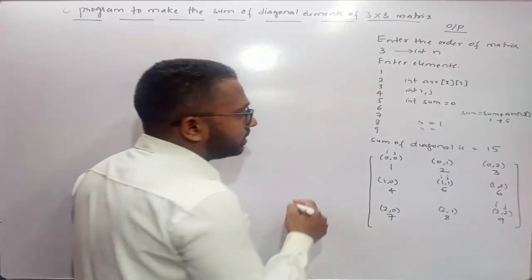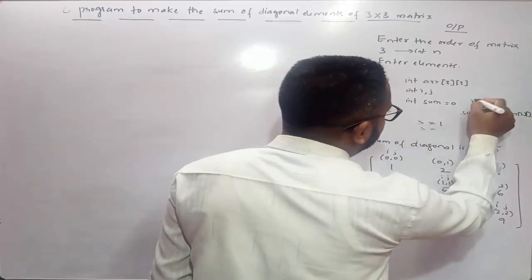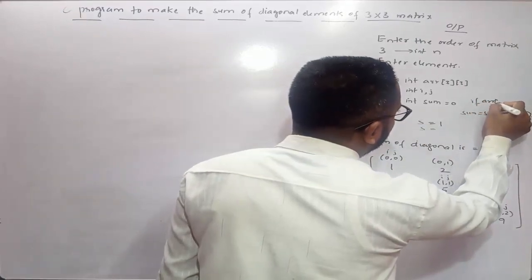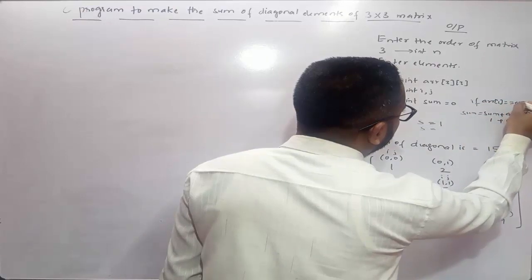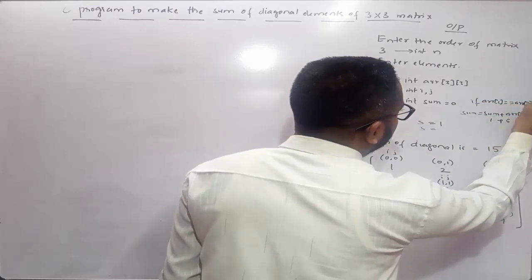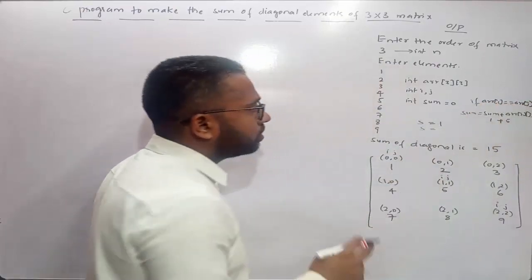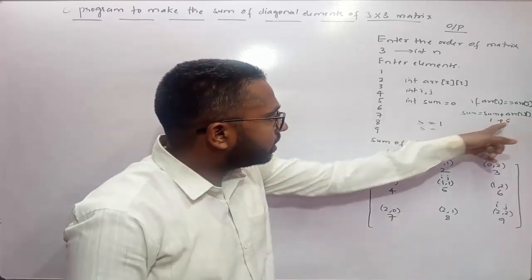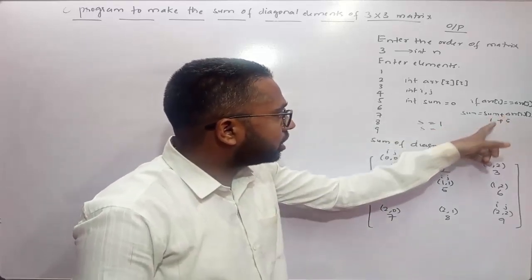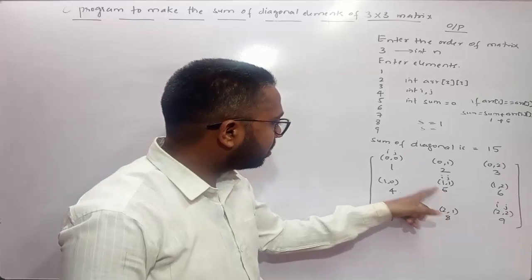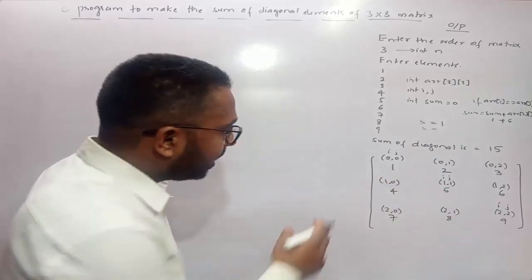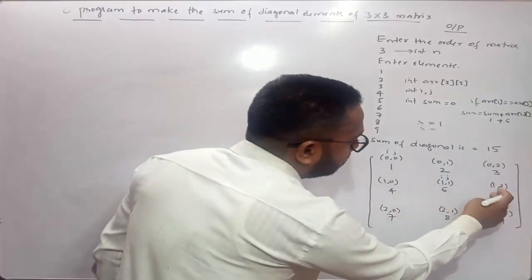Next, I need to set this condition: if i is equal to j, then I will be using this expression to add this number to the sum. Okay, so once I add these two, then I will move to the next element.